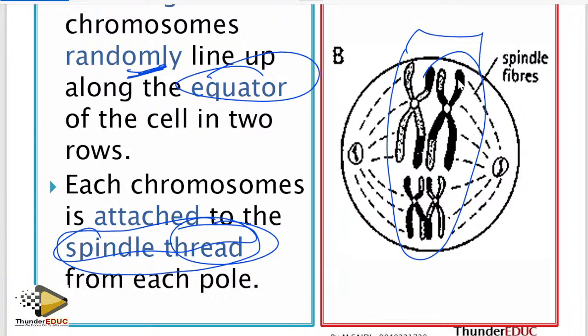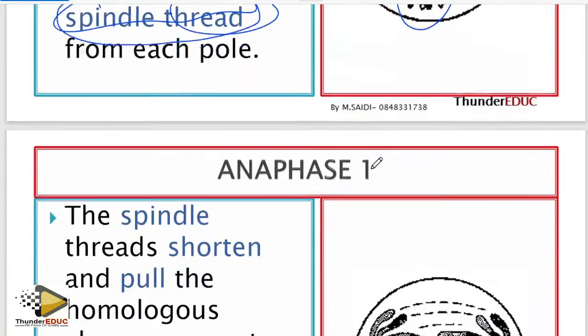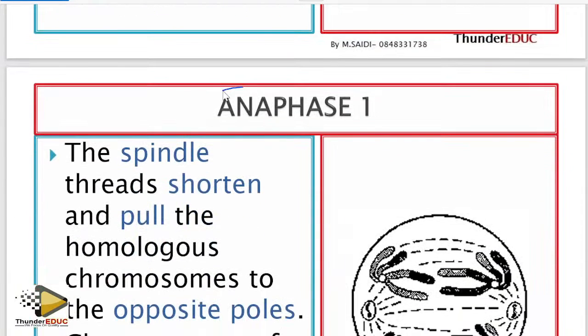They align in two rows on the equator randomly. They have to do that randomly. It's not that this one must be here and this one must be there. No, it happens randomly. Once it happens randomly, then automatically it undergoes the next phase, which we call anaphase.